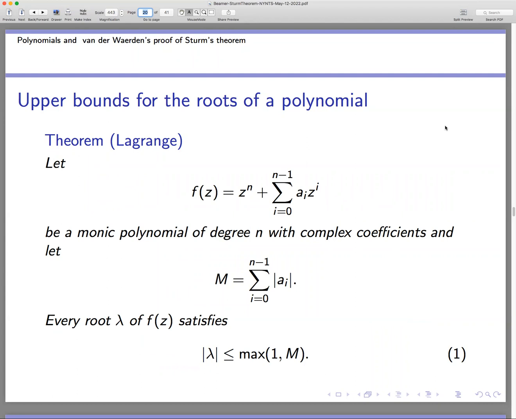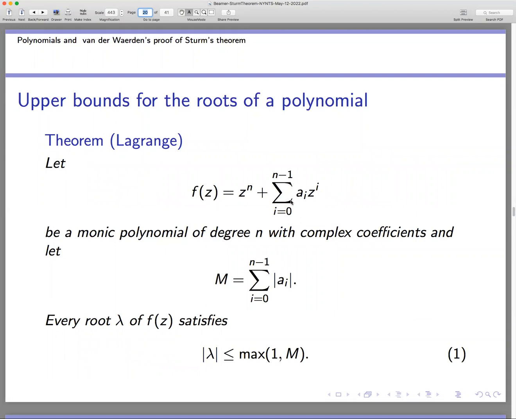It's useful to be able to bound the roots of a polynomial, whether they are real or complex. The simplest bound for the roots of a polynomial is, I have no idea who, why, or when, or how these were proved, always called Lagrange's estimate.